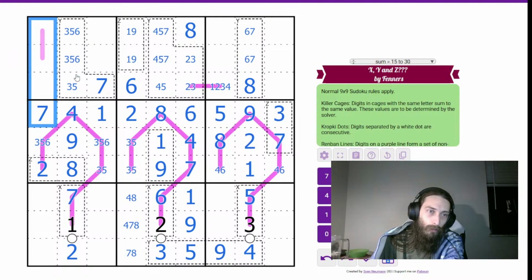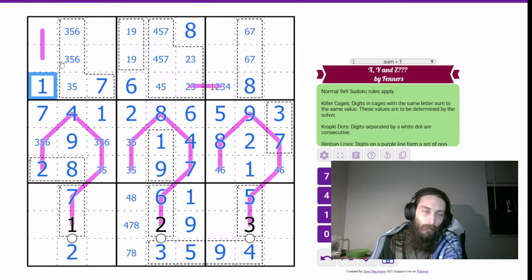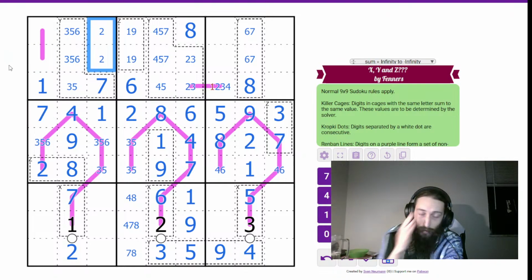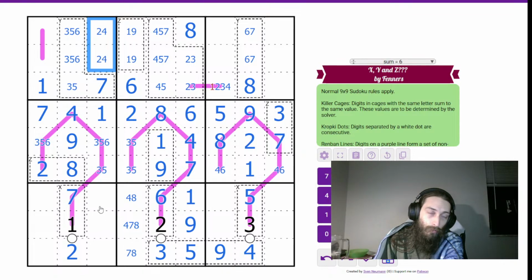Okay, I need a 1 in this box, and it's not on the right side. And if it was on the Renban, it would need to pair with a 2. Well, it can't, so that's a 1. 2 would have to pair with either 1. Well, it's already removed from there. 2 is one of those two. Well, and if you look at what's there, 4 can't pair with 3 or 5, so that can't be 4.